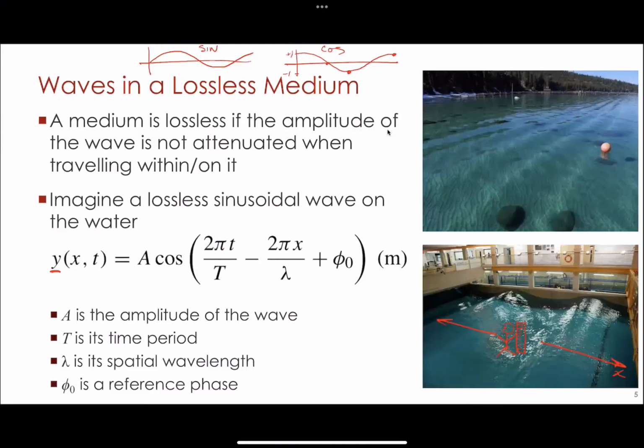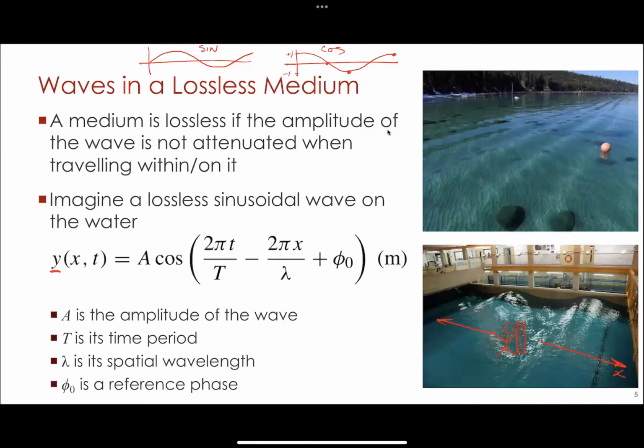And so in order to know the height of the wave, you would need to know where you are in the pool, like what's your value of X, and you would need to know what time it is. So if you froze time, like this picture is frozen in time, we've kind of fixed T, right?